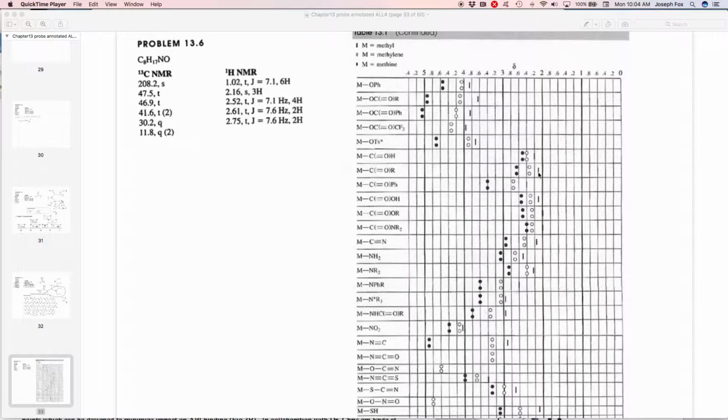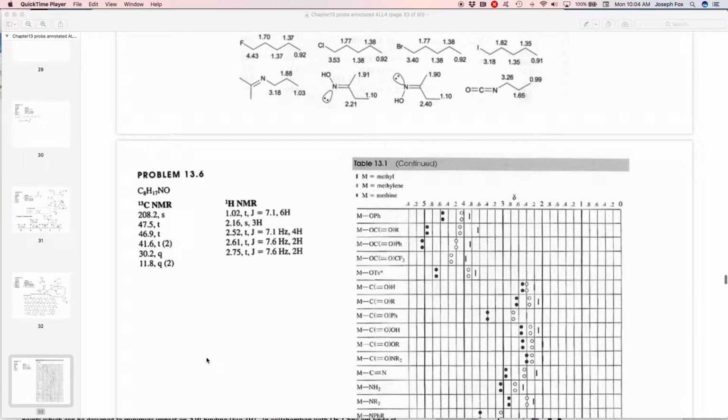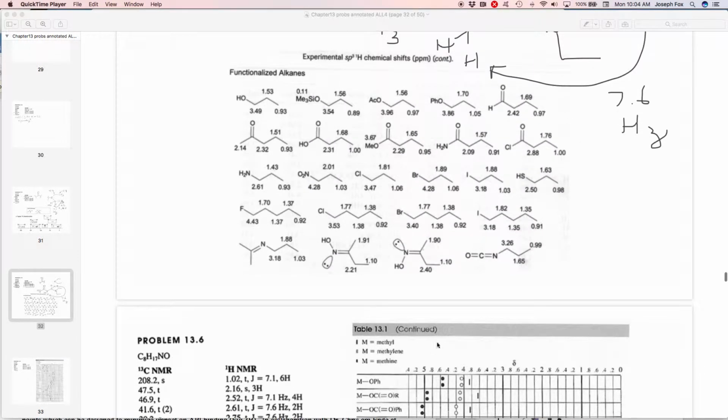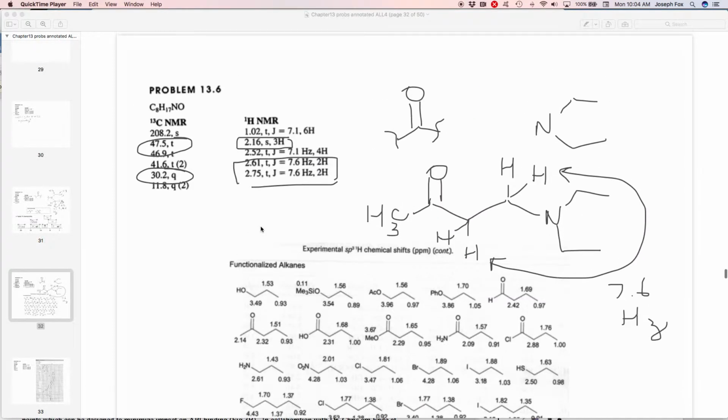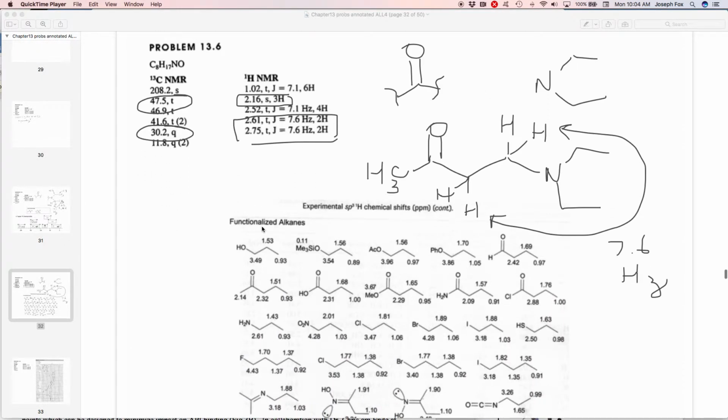So our observation of this at 2.16 ppm is correct. Then we also see that the methyl group coming at 30 would be consistent with a methyl ketone from carbon NMR.